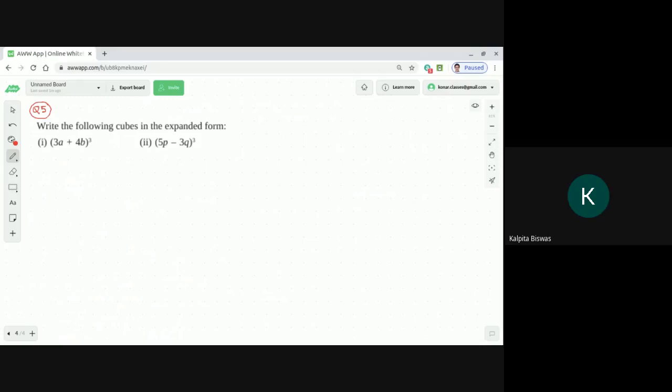The first answer will be 27a cube plus 108a square b plus 144ab square plus 64b cube. Sorry, 64. Correct. Exactly.